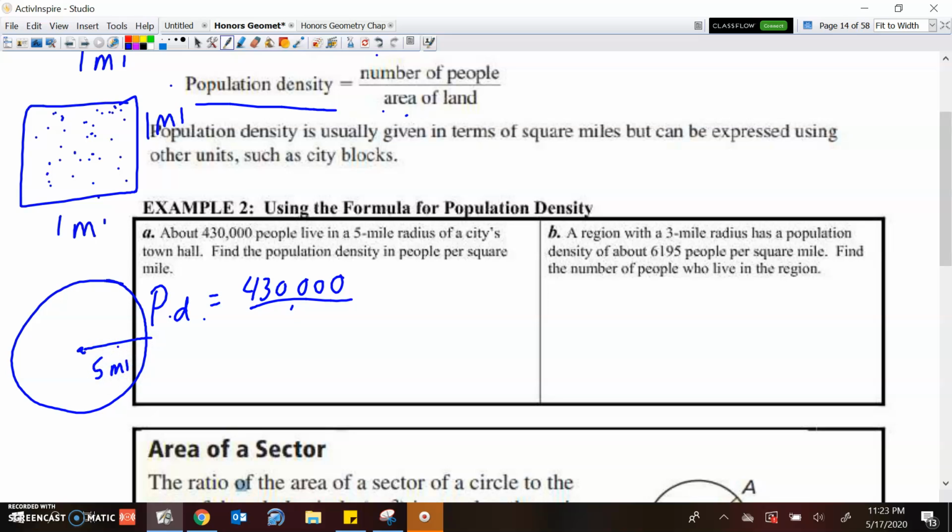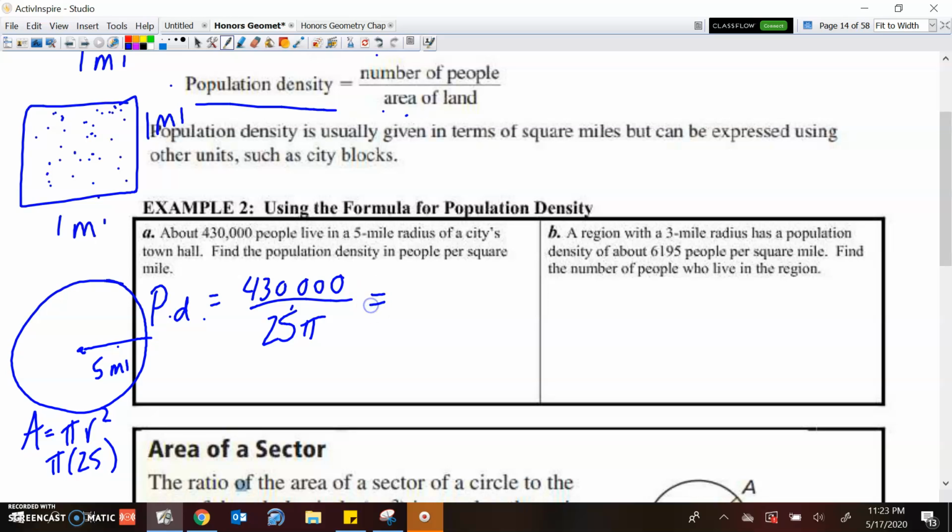So I want to find the area: pi r squared, pi times 25, because 5 squared is 25. Right now I'm just going to write it as 25 pi, but I could calculate that out and it's about 78.5.